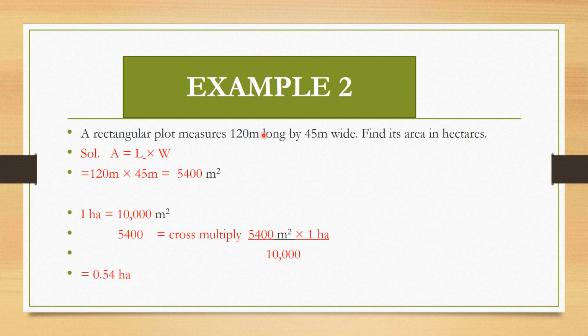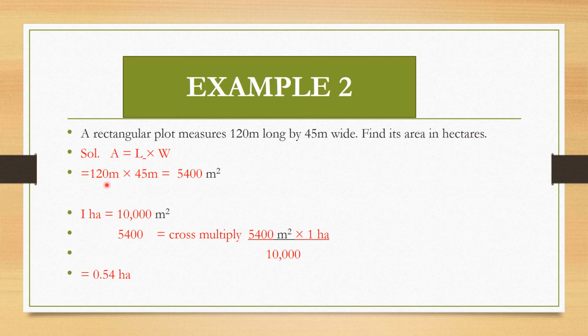So 120 meters times 45 meters will give us area in meters squared. So if you multiply 120 times 45, you can do it in your rough paper, and you'll find out that it is 5,400. So after getting your area, nobody is asking you to find the area in meters squared, so you need to convert it.